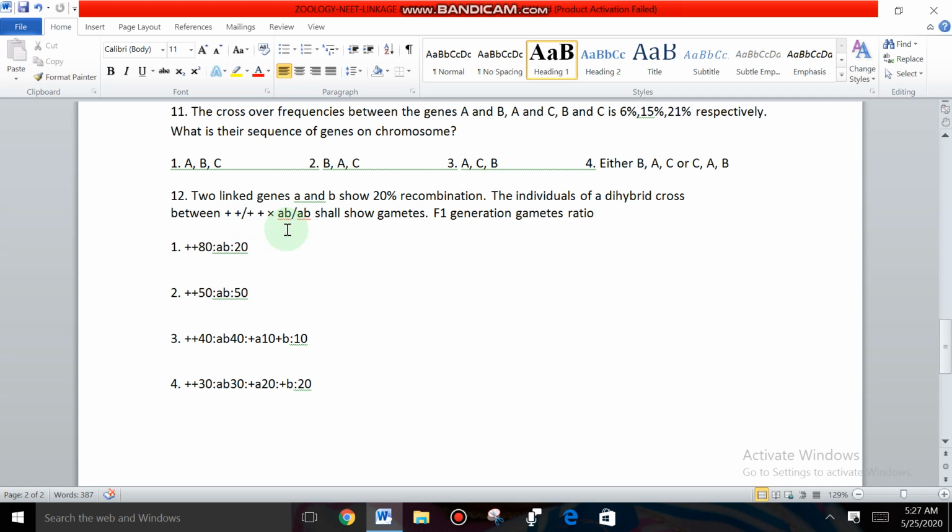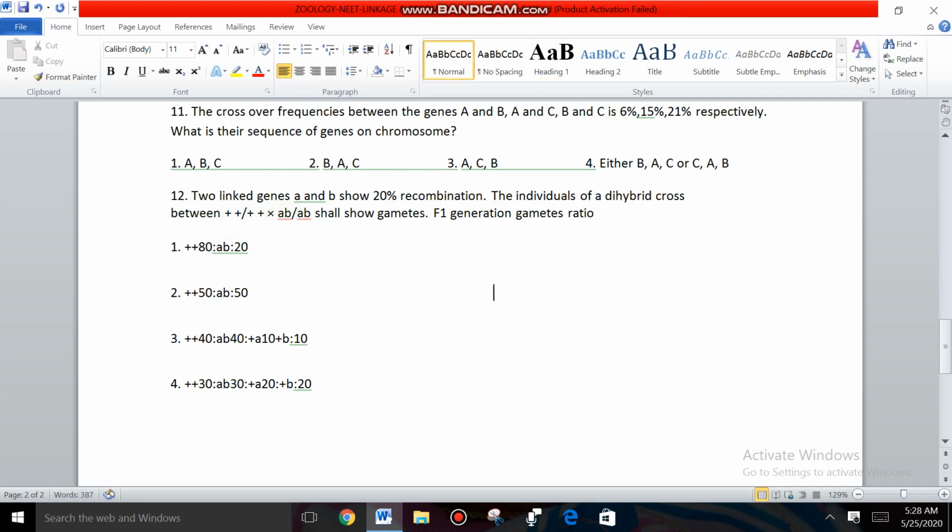So whenever A and B have 20%, more parental varieties or more recombinant varieties are formed here? There is a chance for more parental varieties and fewer recombinant varieties. Take these parents as plus plus and AB. So what are the gametes? Plus plus is a gamete, AB is a gamete. What is the F1 generation? Plus AB is the F1 generation, right?